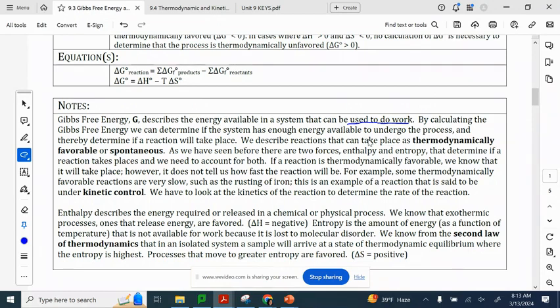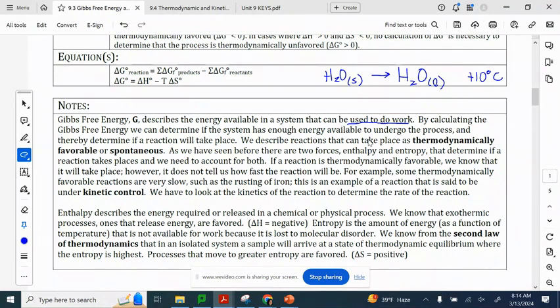So, for example, if I had this reaction that I wanted to take place where I am melting water, right? If I did this at minus 10 degrees Celsius, would this happen under normal pressure? No. Okay.